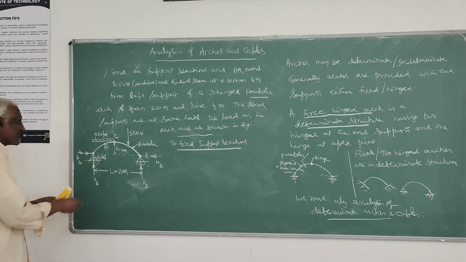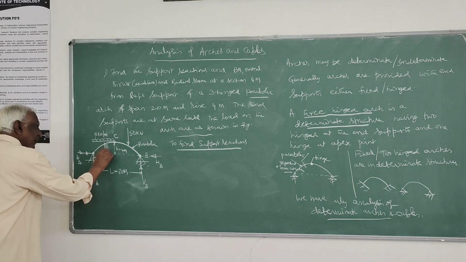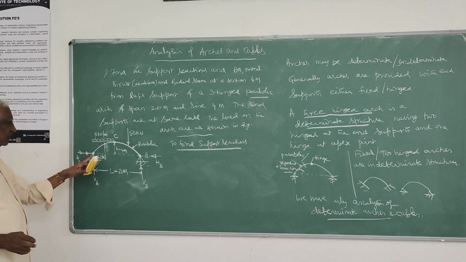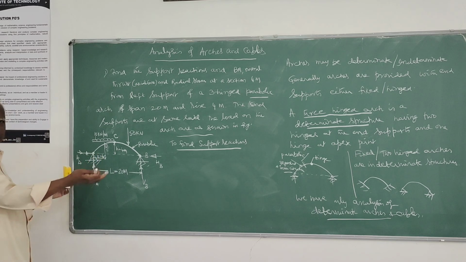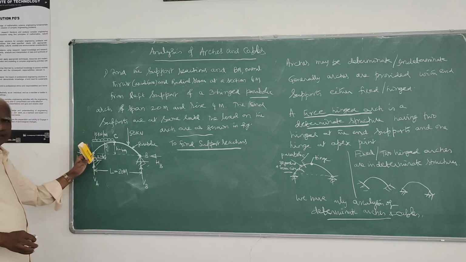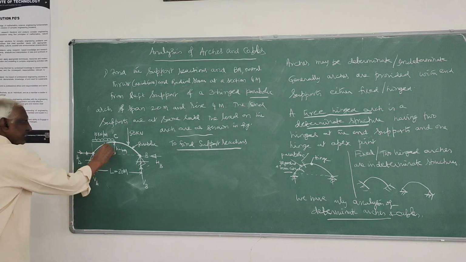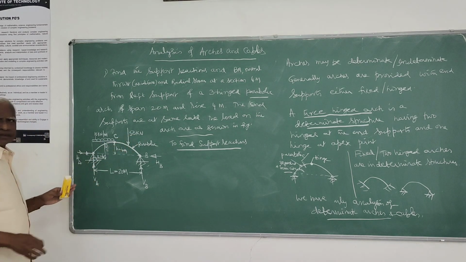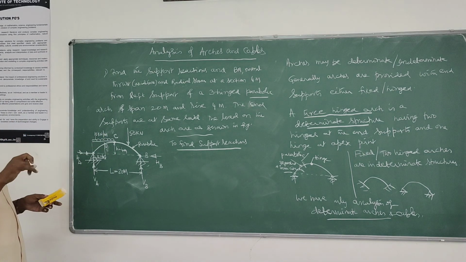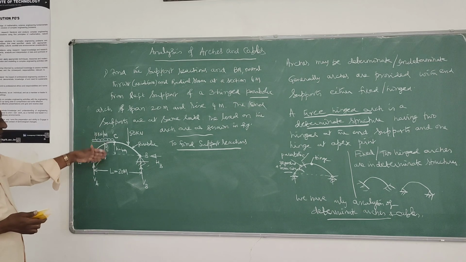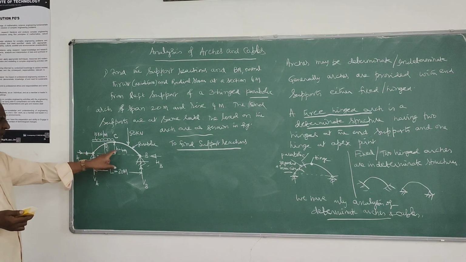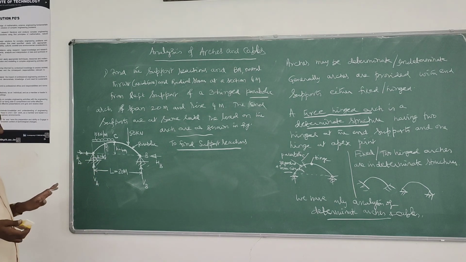At any distance x, the height y is given by y equals 4 into h into x divided by L squared into L minus x, if you take the origin as the left hand. If you take the origin as this apex, then y is equal to just some constant into x squared. That constant is usually equal to 4h by L squared. H and L, they are constant.